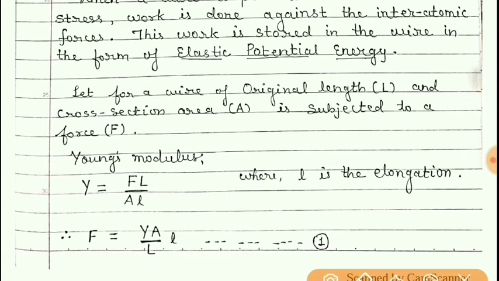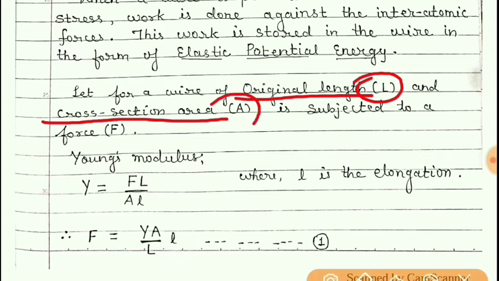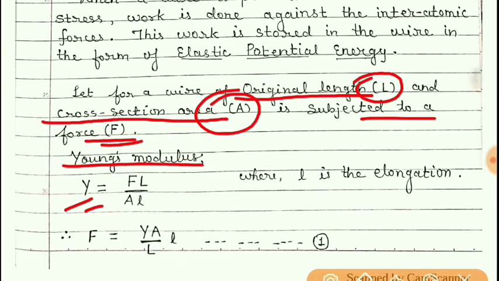Let us consider a wire whose original length is capital L and whose cross sectional area is capital A. When this wire is subjected to a force F, we can write Young's modulus Y is equal to FL upon A into small l.